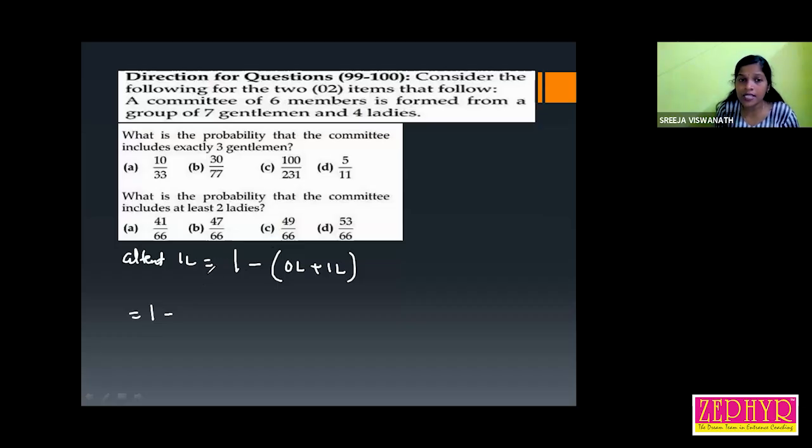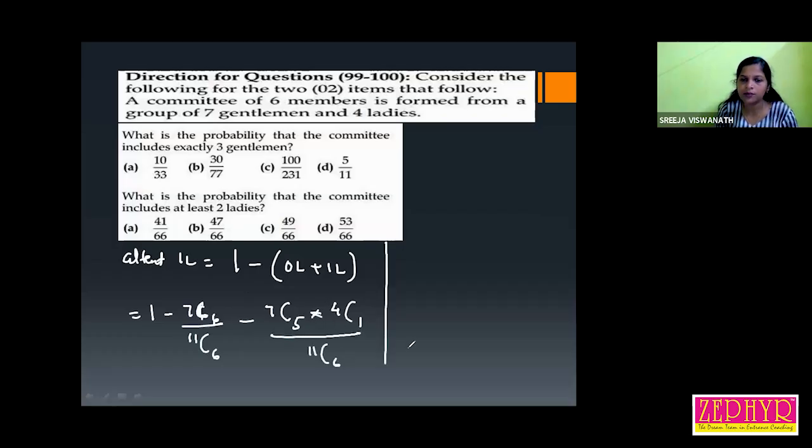We need to take 6 from the 7. 7C6 divided by total 11C6. And while opening the bracket, this is also negative. 1 lady, that is 5 from gentleman and 1 from lady, 4C1. 7C5 into 4C1 divided by 11C6.